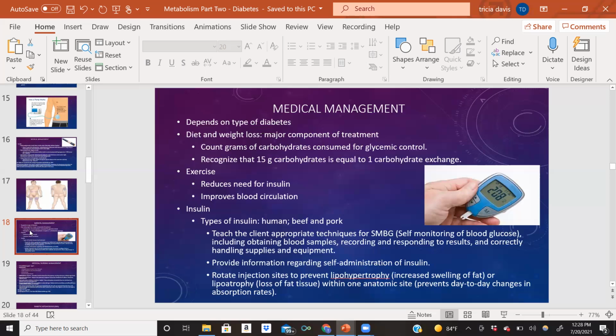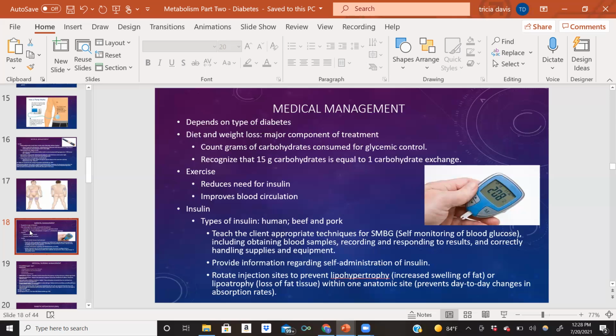And then as far as giving the insulin, we want to make sure that they know how to administer their insulin. So we want to be able to watch them in the hospital before they go home, practice with their pen and administer some insulin for them. If they are unable to do it for some reason, if they have a family member at home that's going to be doing it for them, we want to make sure that the family members know how to do it as well.